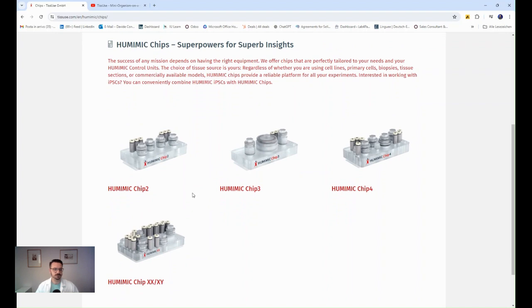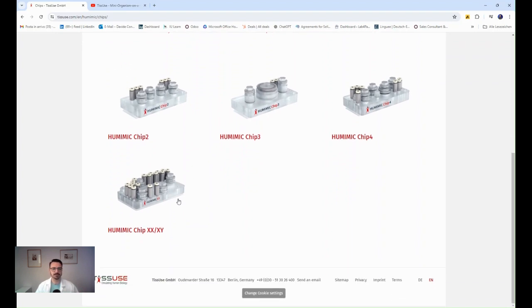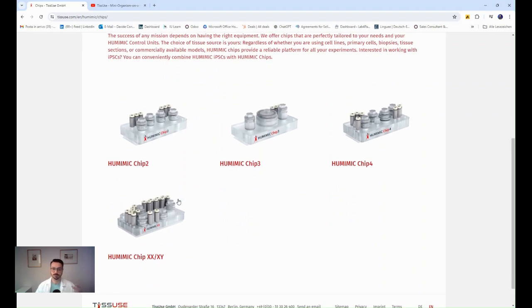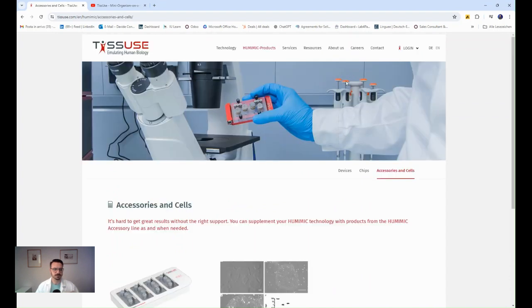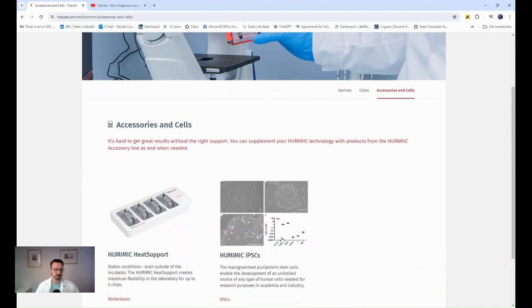And there's also the possibility of combining these chips with iPS cells. So depending on the kind of organs that you want to culture, there are some possibilities to optimize it. But in most of the cases, for this, they are providing the iPS.